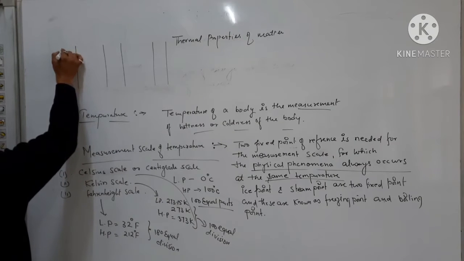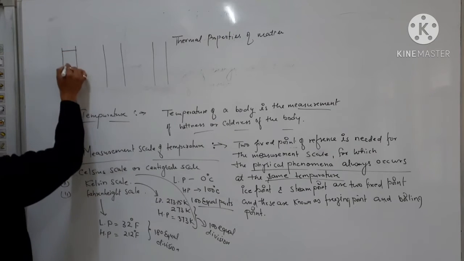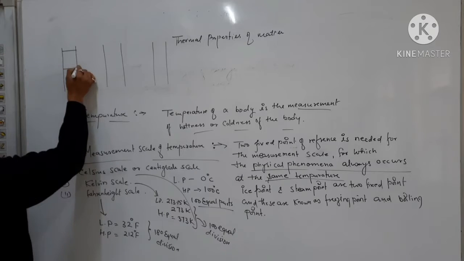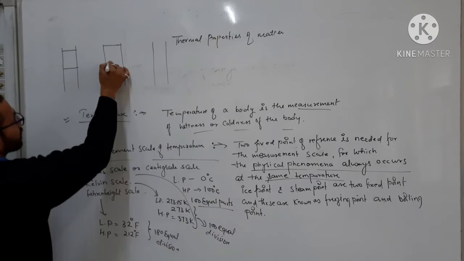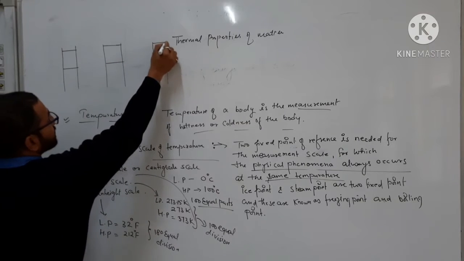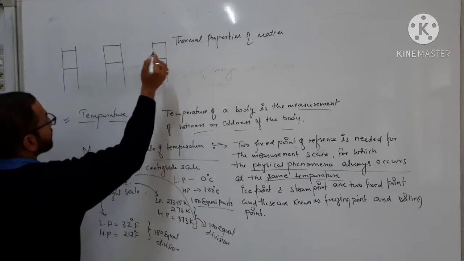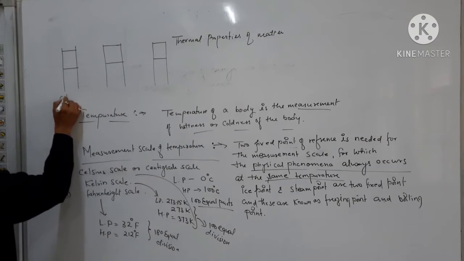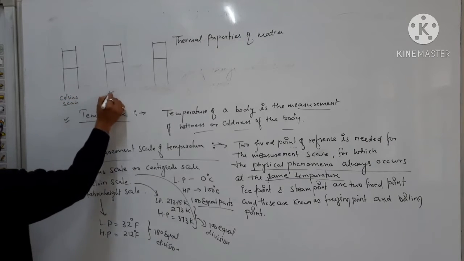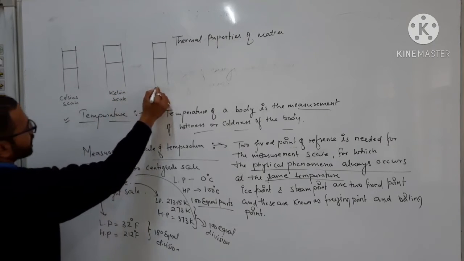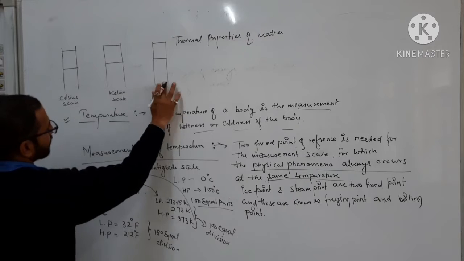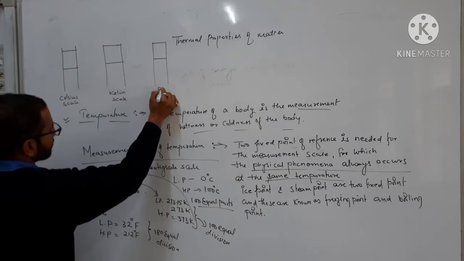So see here, this is the division which I am representing. This is the Celsius scale. Point clear? This is the Kelvin scale. This is the Fahrenheit scale.